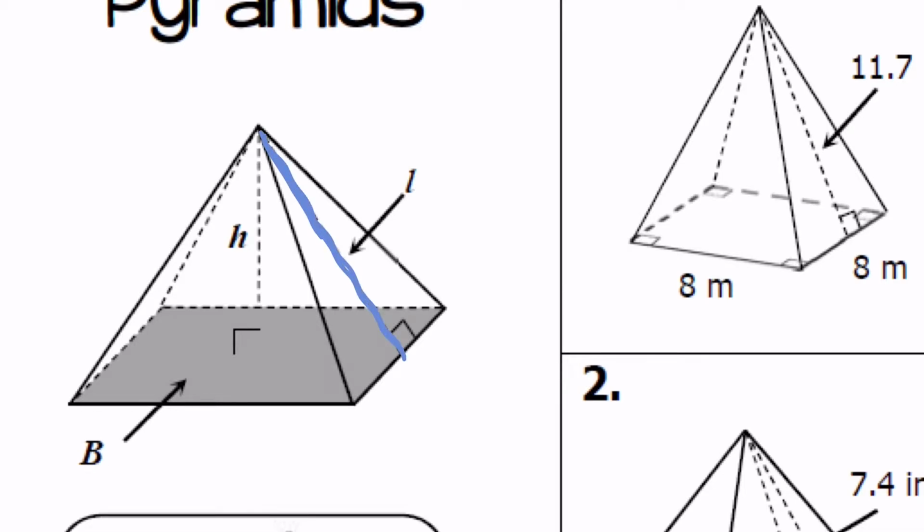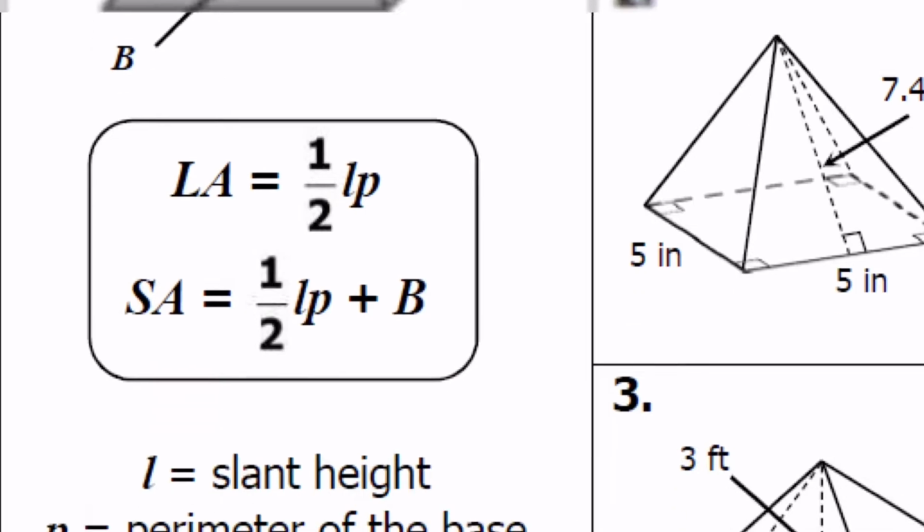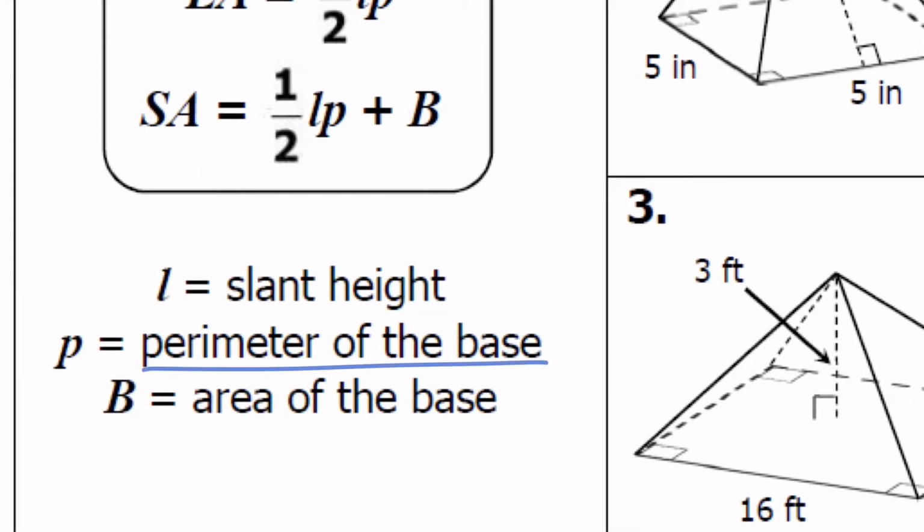L is the slant. That's the length from the point all the way down the side of one of the faces to the base, times the perimeter of the base.